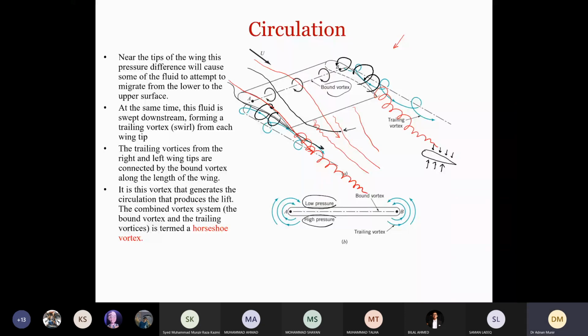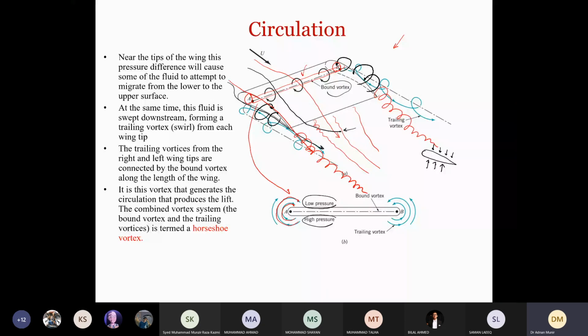So now if you look at this surface, this is point A and this is point B. If I draw this section of the wing here, you can see that from high pressure to low pressure, we have particles moving at the ends. And then these are the bound vortices, which are because of the incoming flow.